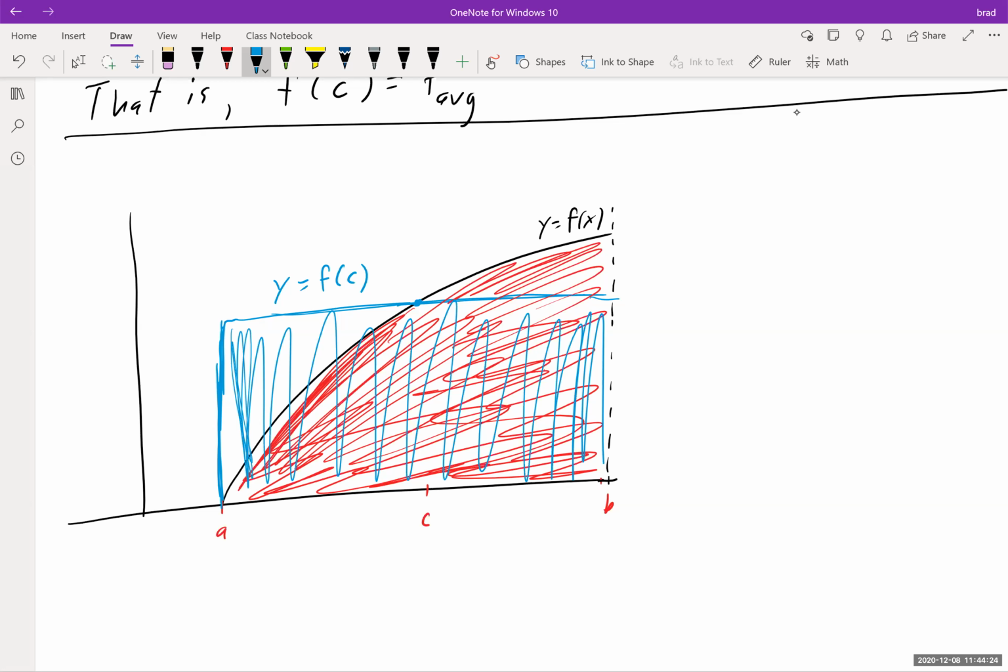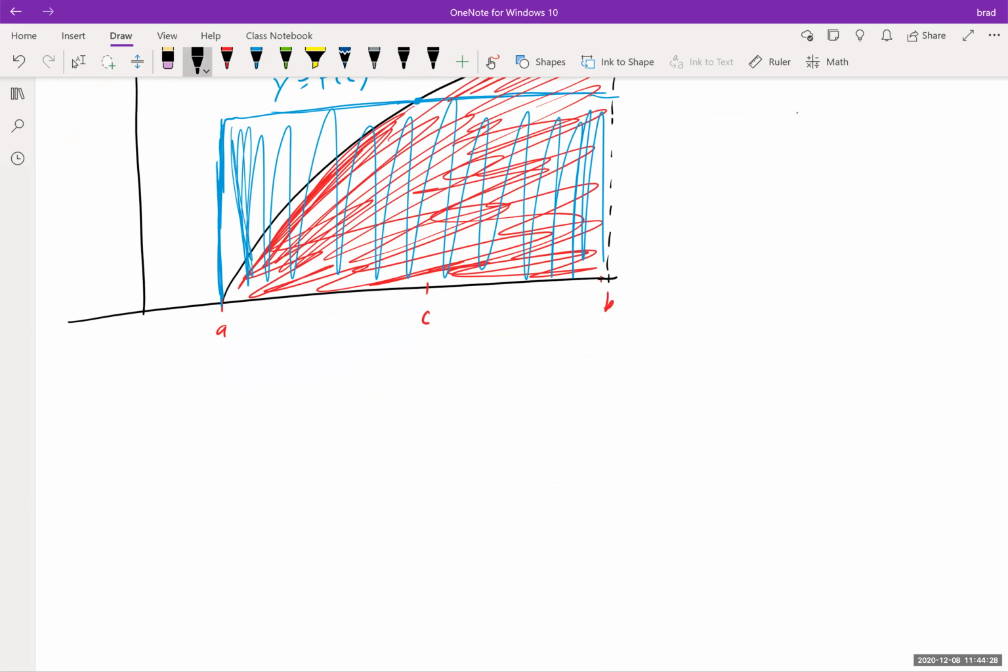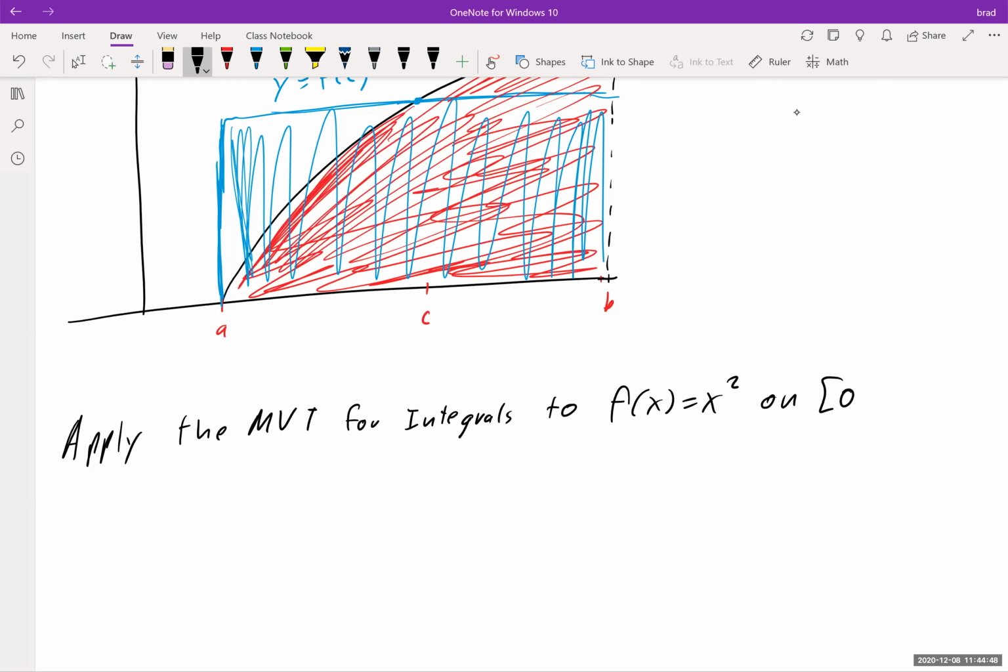So let me kind of show it to you, okay? So let's do a similar problem. So let's say apply the MVT for integrals to f of x equals x squared on 0 to 2, okay?